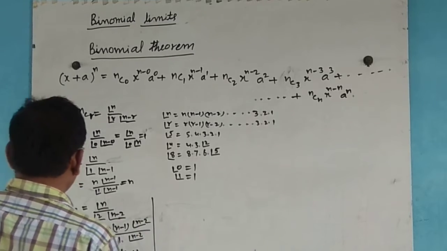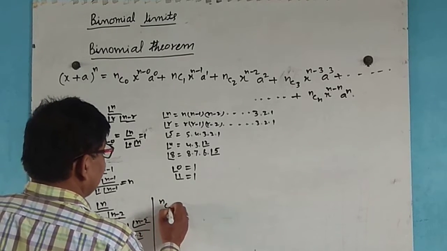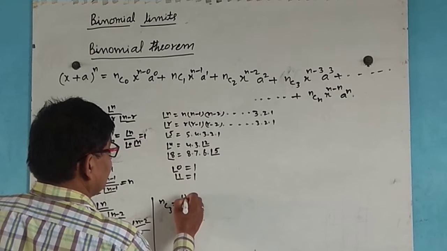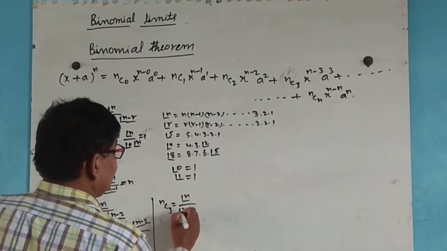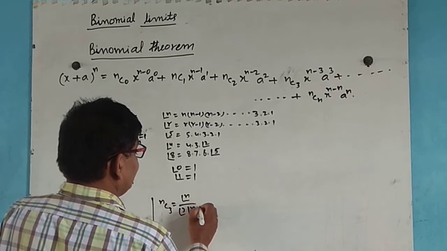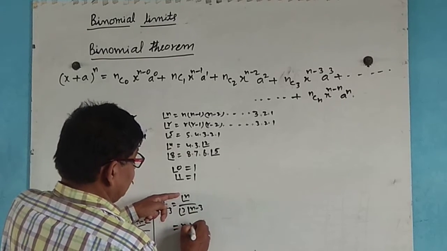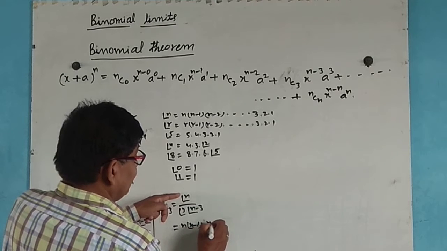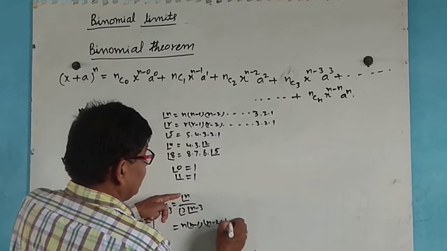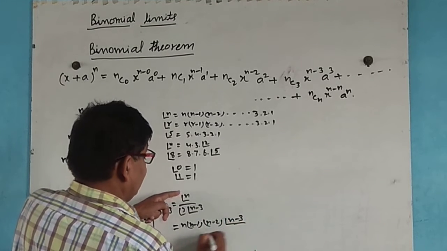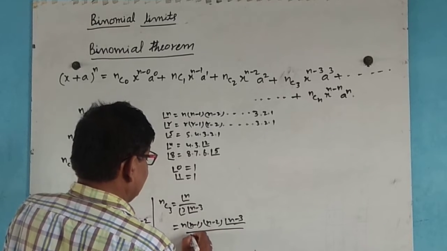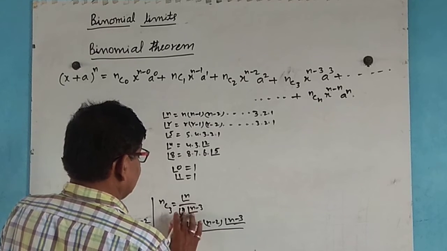Now nC3 factorial n divided by factorial 3 factorial n minus 3. This can also be written as n into n minus 1, n minus 2, factorial n minus 3, divided by factorial 3.